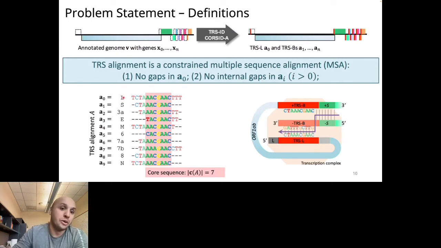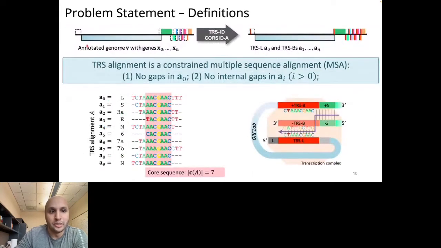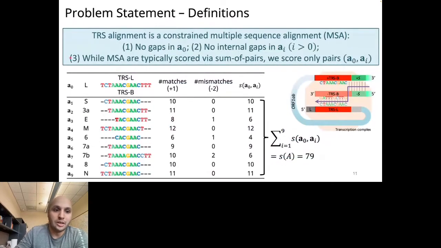Here I'm assuming, suppose we actually knew its location. The first one is called the leader, and the TRS-B that I have here, B stands for body. So the leader is the beginning of the genome, and the body is the rest of the genome. That's the difference between TRS-L and TRS-B. And the way we score it, it's TRS-L versus every other TRS-B. That's what you see over here. That's the scoring function. So that's the big difference.